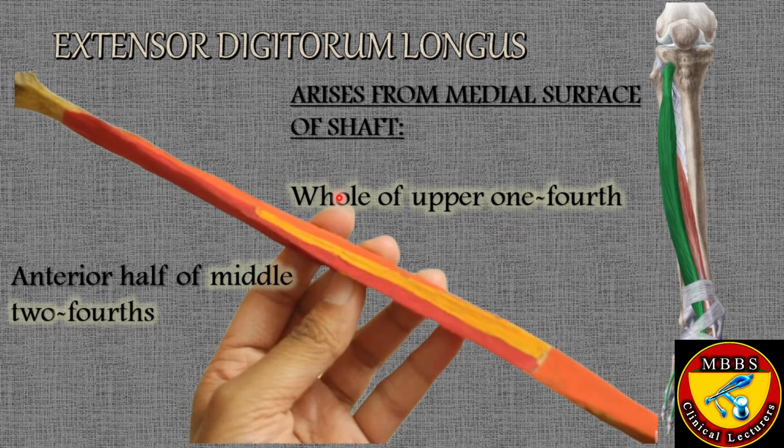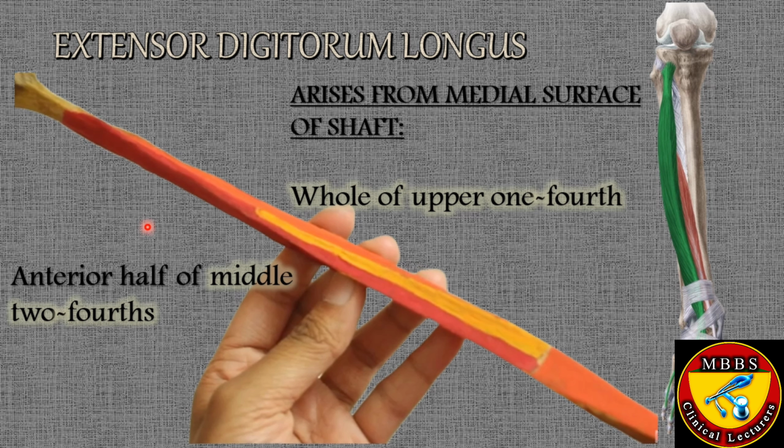You can see this is the medial surface, which is very narrow in its upper 2/3, but slowly it comes down and gets a little broader. From this side will be posterior, from this side lateral, this is the anterior border, and this is the medial border.